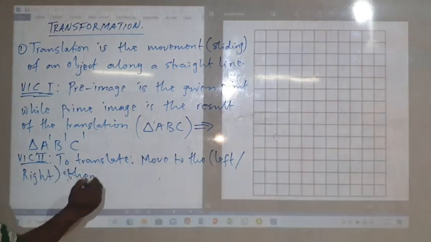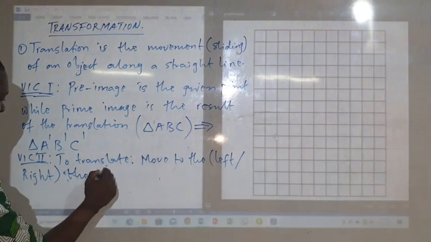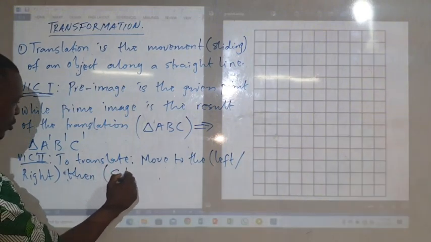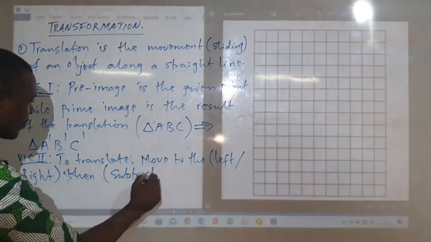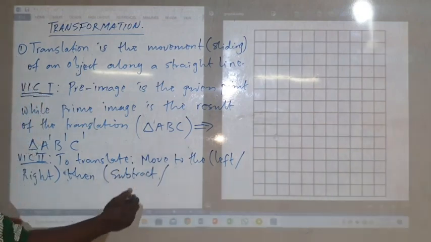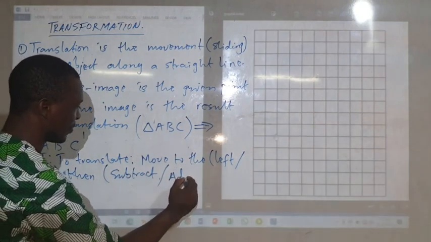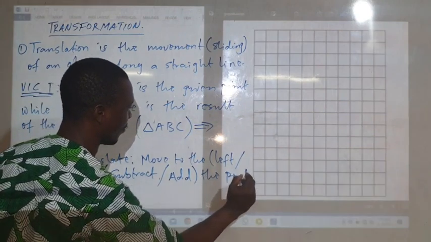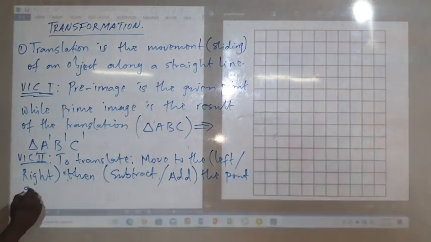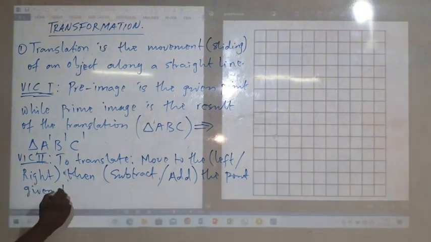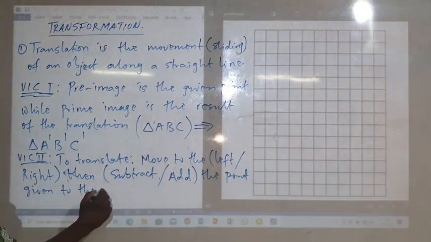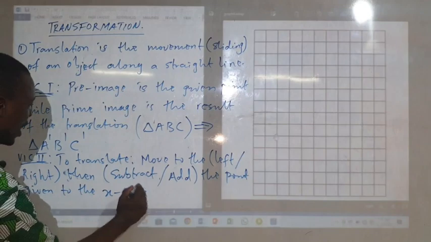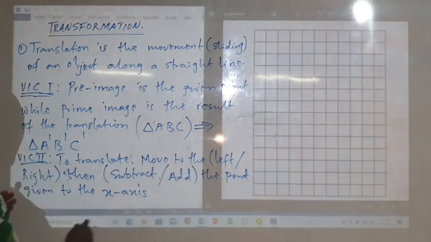If you are moving to the left, you have to subtract. Then if you are moving to the right, you have to add the point given to the X-axis.